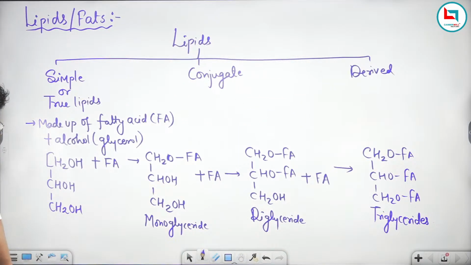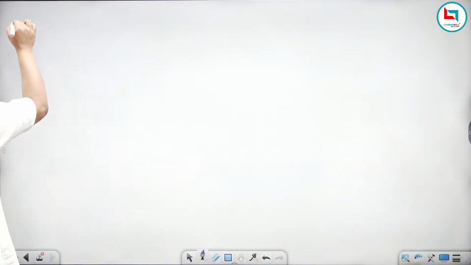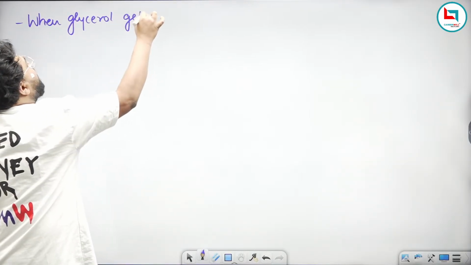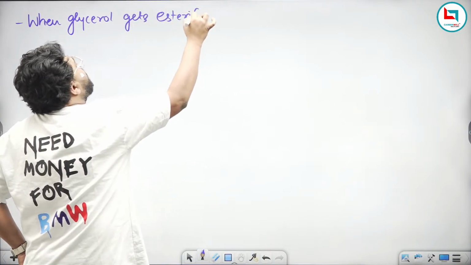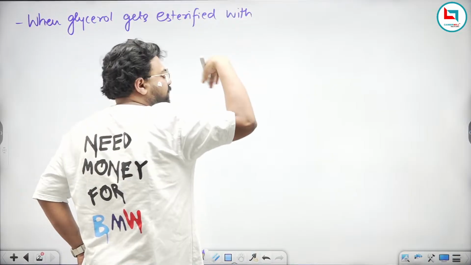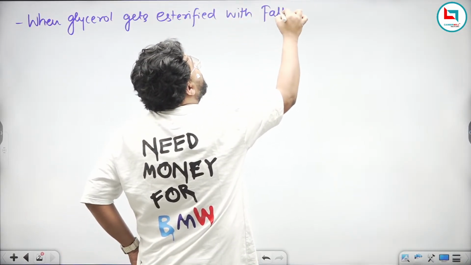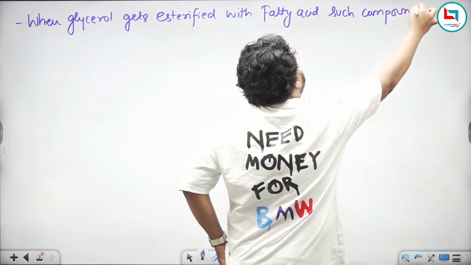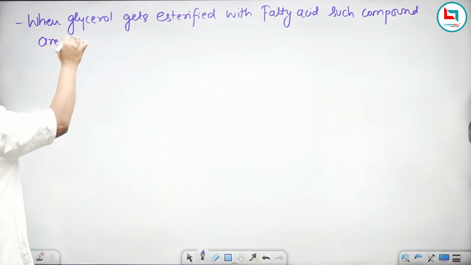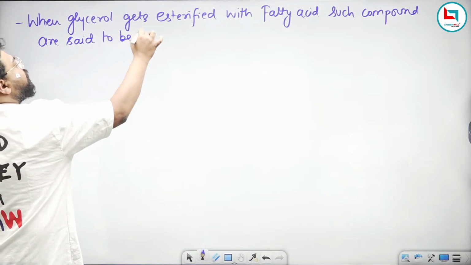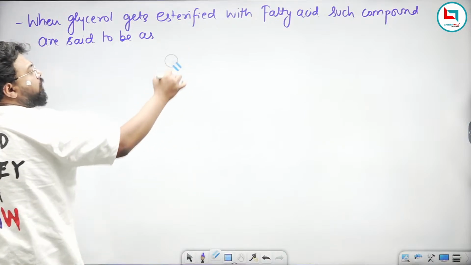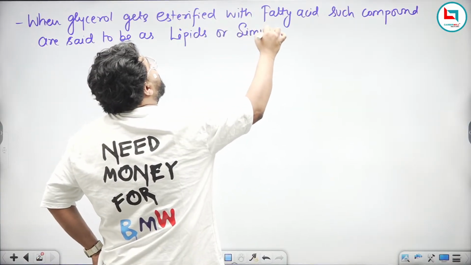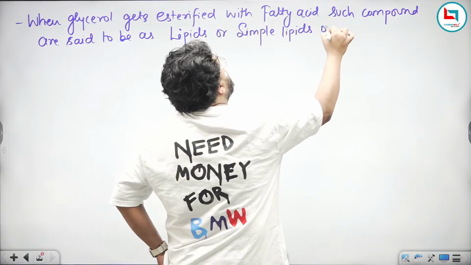Basically, when glycerol gets esterified, esterified meaning the formation of ester bond takes place with fatty acid, such compounds are said to be lipids, or simple lipids, or true lipids.